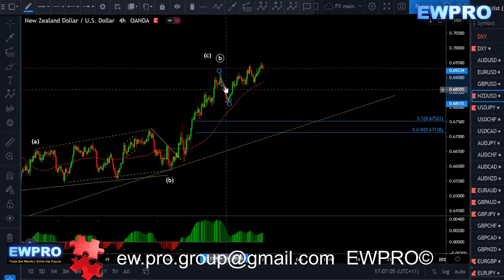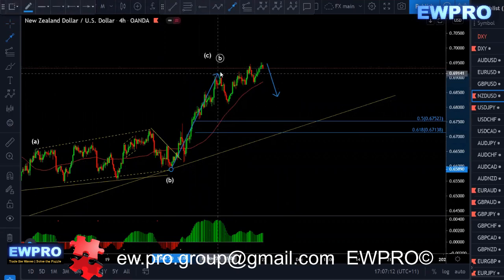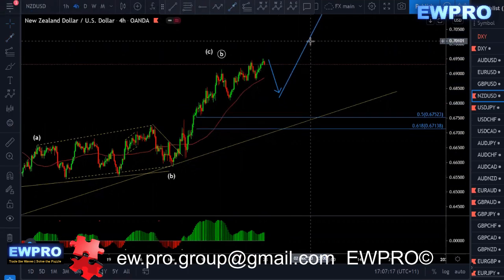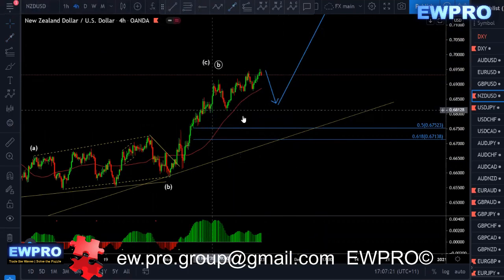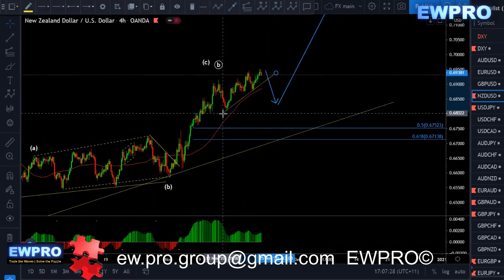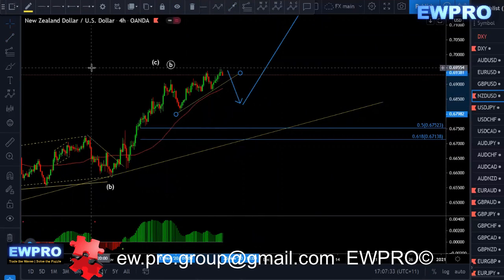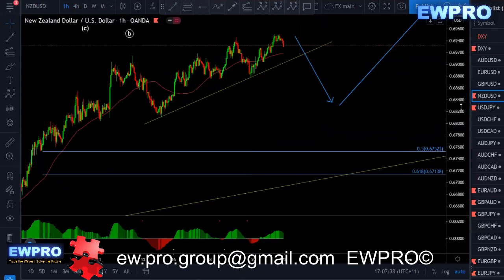Something like this before we go any higher. We're looking for those larger corrections before we can buy, something solid to buy. As for the scalp for the sell, you probably could look for it. Wait for a little trend line break on the H1.